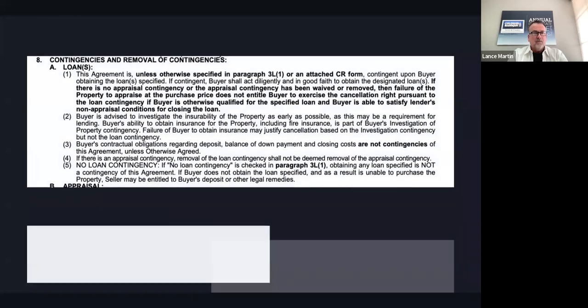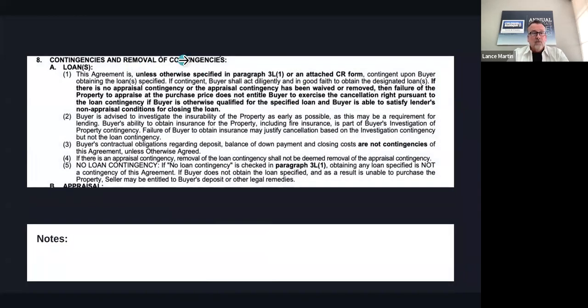Okay, keep it rolling. Contingencies, removal of contingencies. Our first one here is the loan contingency. For 95% of the transactions you guys are going to do, a loan contingency will remain in effect until it's either removed, or in many cases, not removed and literally remains until escrow closes, meaning that CR form was never done.